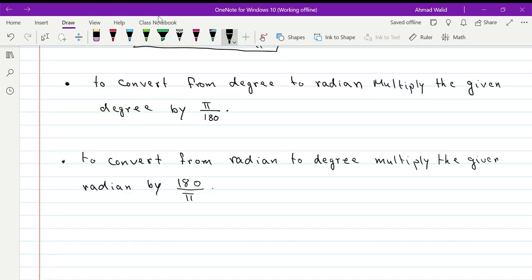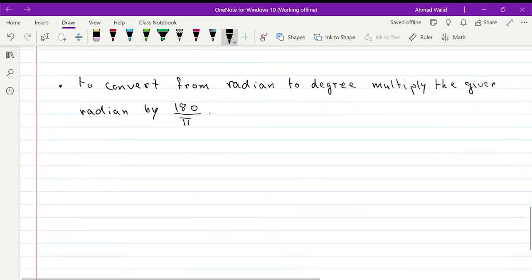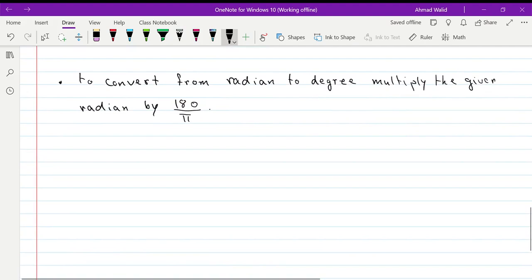Very simple. You can change any angle from degree to radian or from radian to degree. Correct? Few examples that I want to do here for you.